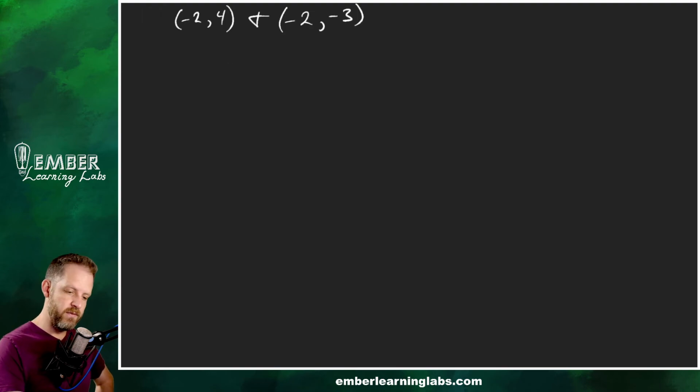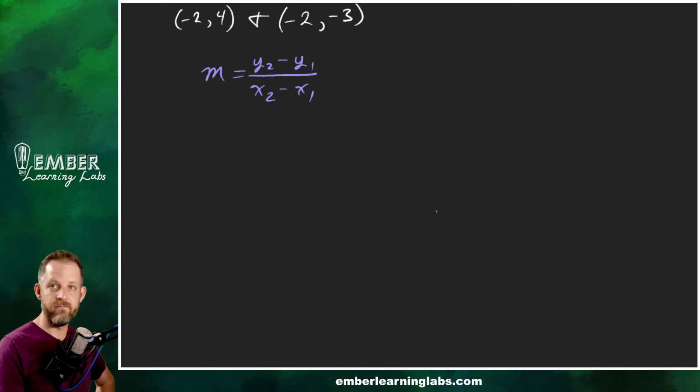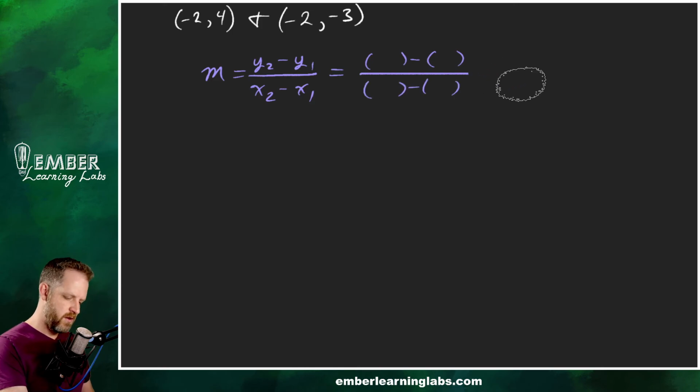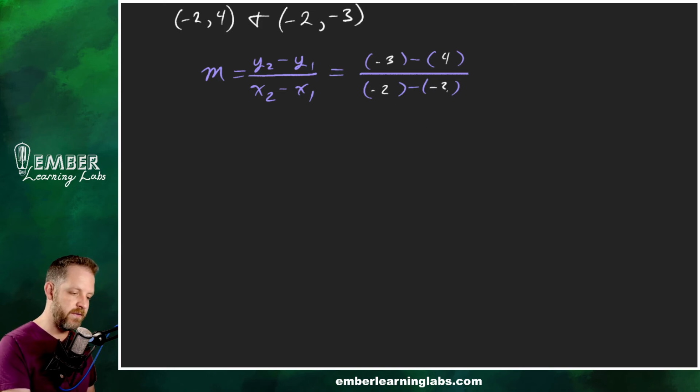So the slope formula is m equals y2 minus y1 over x2 minus x1. Going to plug in our numbers: we're going to put a -3 right here, a 4 right here, a -2 right here, and a -2 right here.